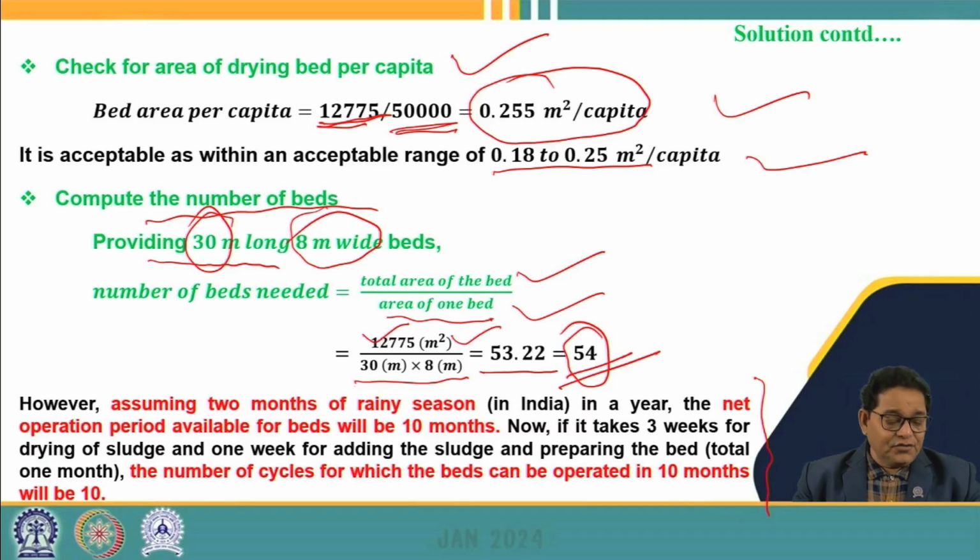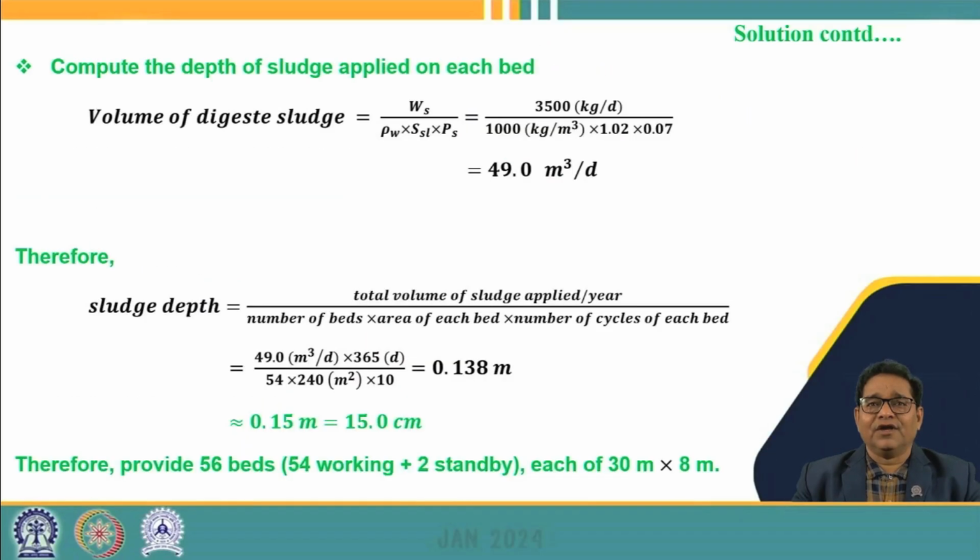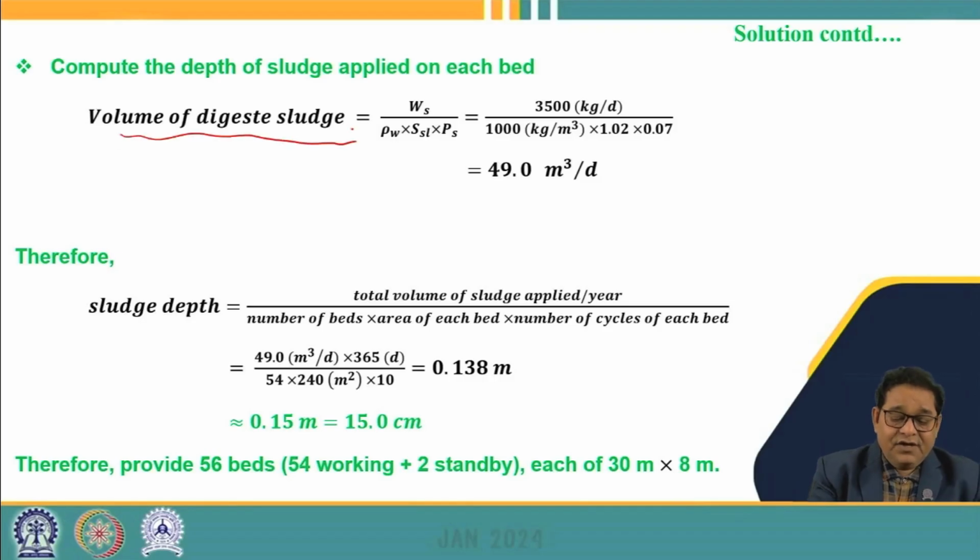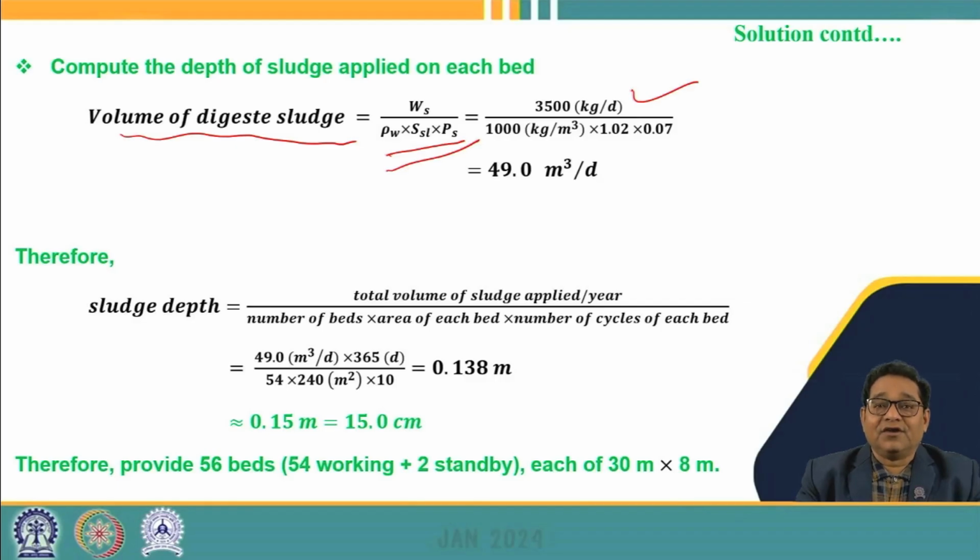Looking into this consideration, now we can find out how much thickness of the sludge will be on top of the bed. For that we have to first estimate the volume of the digested sludge for this much kg of dry solids. This formula we have to look into, that is Ws divided by rho W into specific gravity of the sludge into percentage of solids.